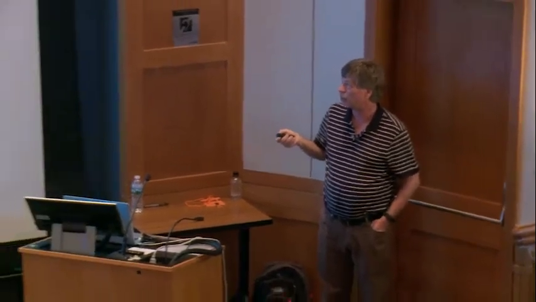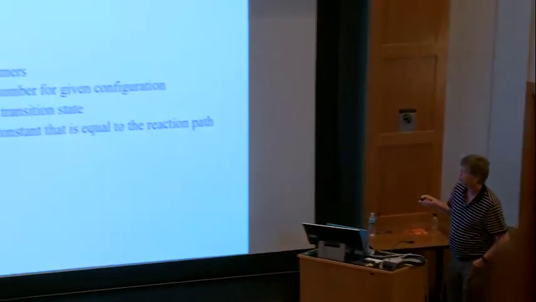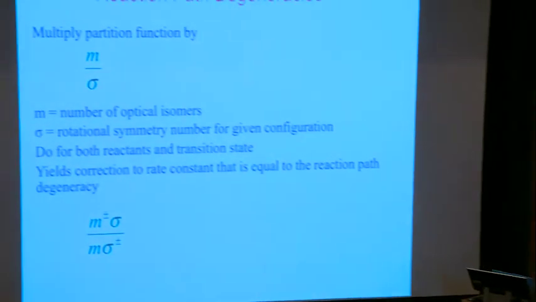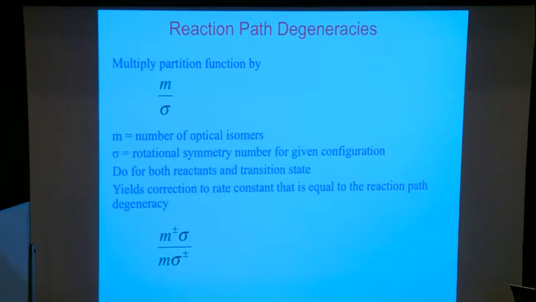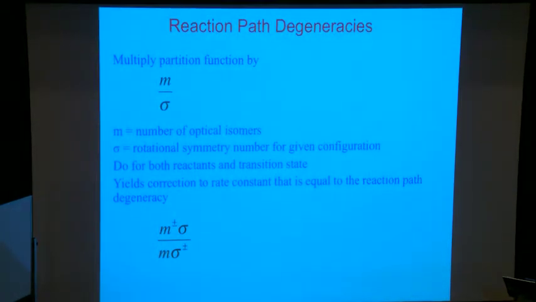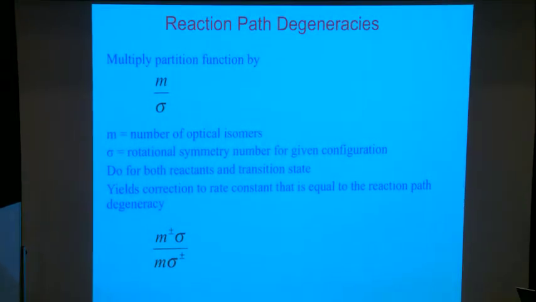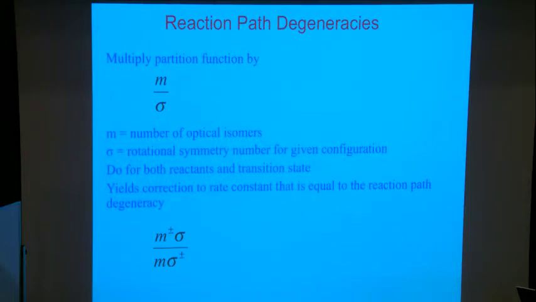It turns out there's a magic formula for figuring out what your reaction path degeneracy is. That magic formula is that you multiply the partition function by the number of enantiomers and divide it by the rotational symmetry number. And you do that for both the reactants and the transition state. If you have 2 reactants, then you have the product of these 2 magic numbers. I like to call this ratio, 1 over this ratio, the effective symmetry.